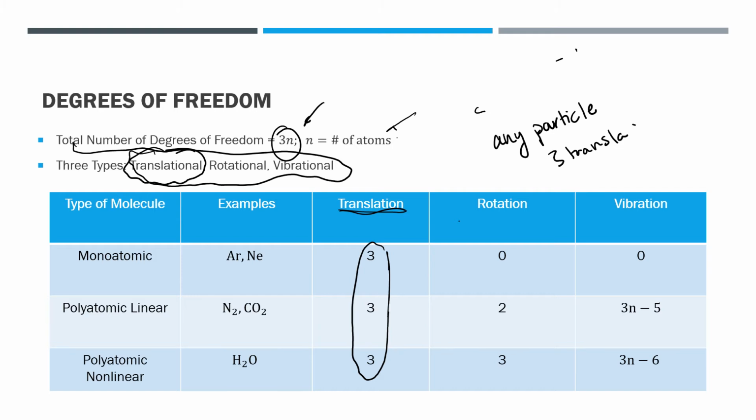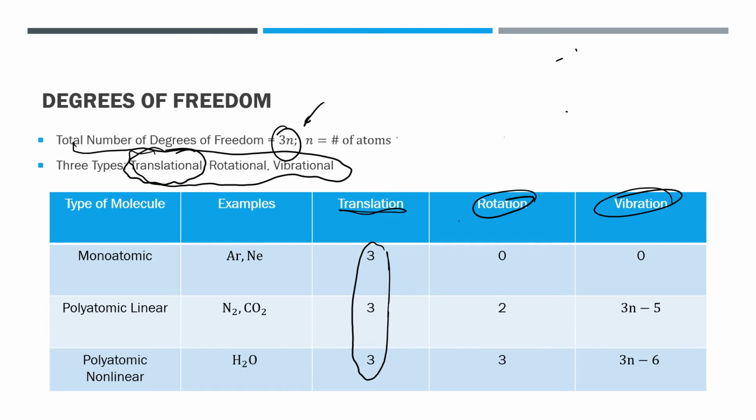But for molecules that have more than one atom, when I'm looking at polyatomics, there also are degrees of freedom that come from rotation and vibration, right? There are rotational and vibrational degrees of freedom.